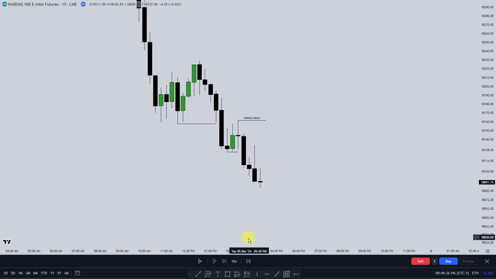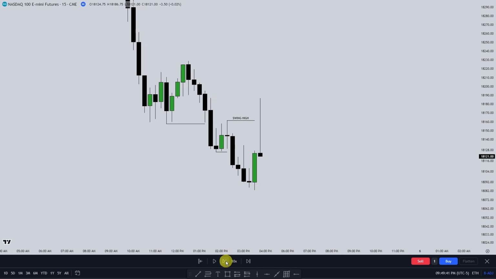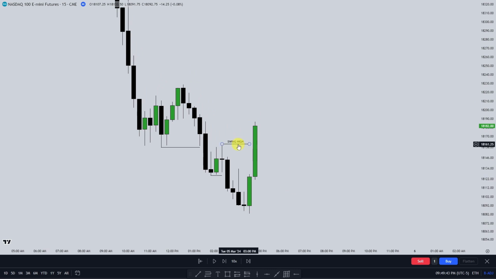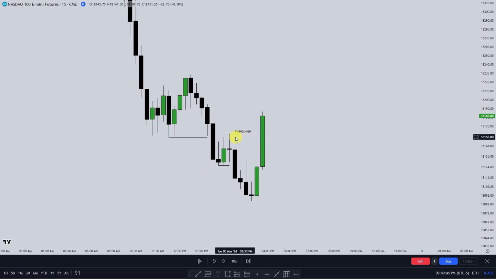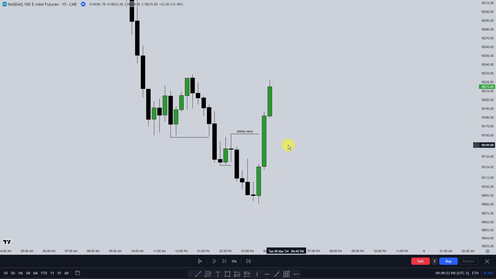Now, let's see what price does. See if we break it. Okay. So, the swing high gets broken, gets closed above, and displaces through.